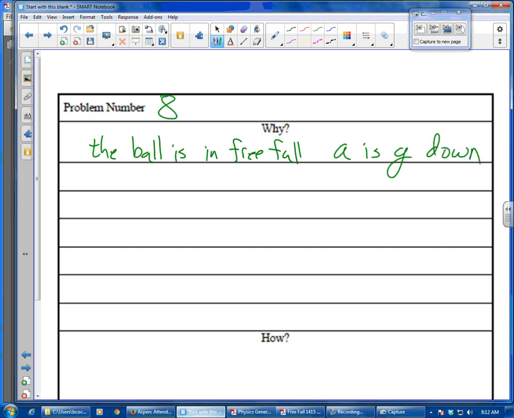And let's see if there's anything else we really need in there. What does the ball do at the top? At the top of its path, what do we know about the ball?